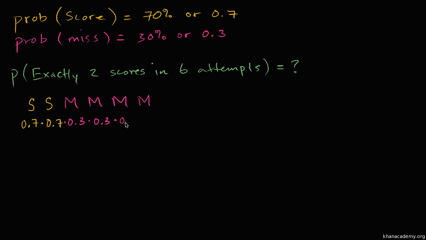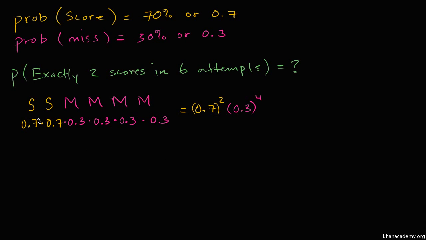I'm trying to write them a little bit higher. So times 0.3. And what is this going to be equal to? Well, this is going to be equal to 0.7 squared times 0.3 to the 1, 2, 3, 4th power.